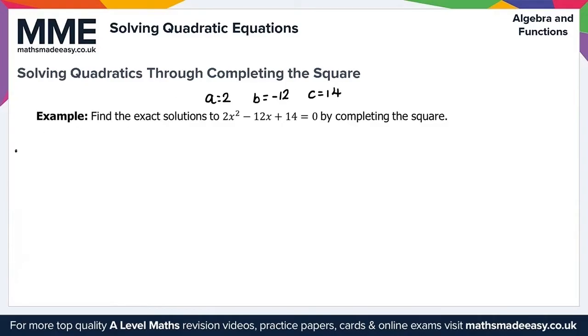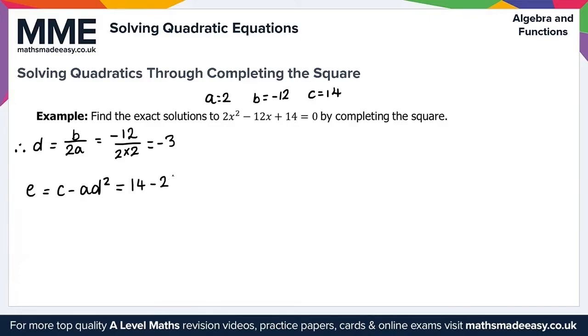So therefore e is equal to b over 2a, which means that's minus 12 divided by 2 times 2, which gives us minus 3. d is equal to c minus a e squared. So that's 14 minus 2 lots of minus 3 squared. So that gives us 14 minus 18, which gives us minus 4 there.